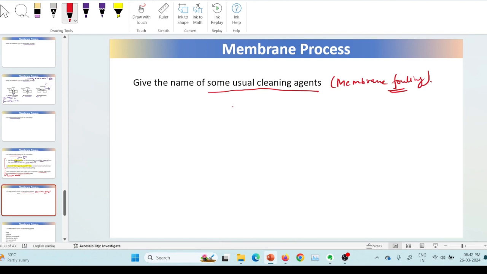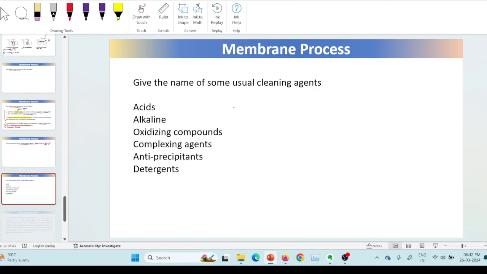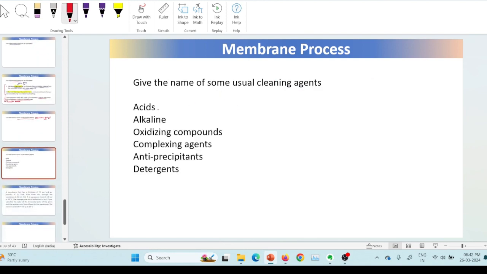So what are some usual cleaning agents? These are acids, so acids can be used for cleaning. Alkaline solutions can be used. Oxidizing compounds can be used because we studied that there will be bacteria.